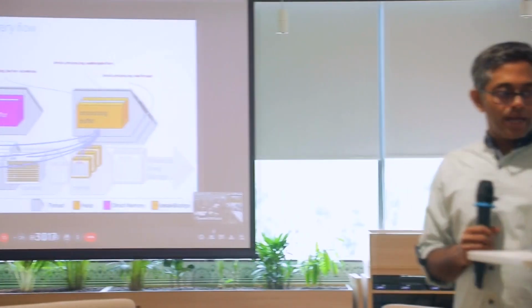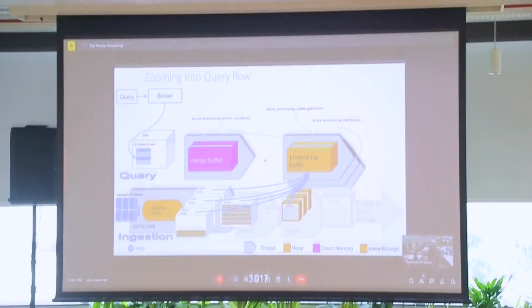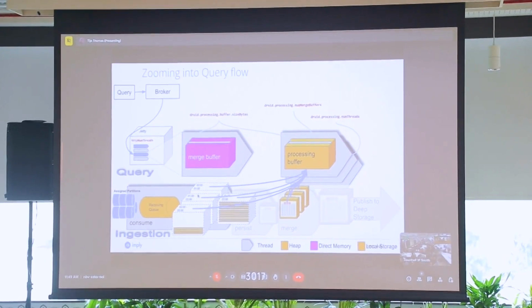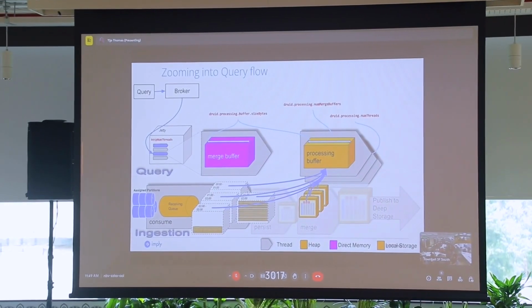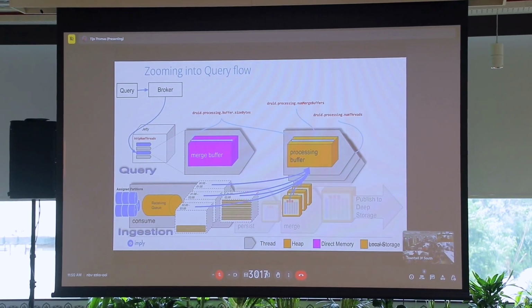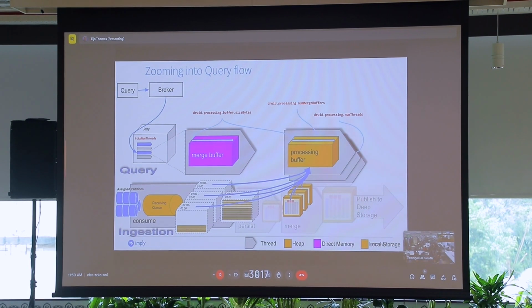So how does the query flow work? When you fire a query, the processing num threads read from all the segments: persisted segments, intermediate persisted segments, in-memory segments, and logical segments. They scan the data, produce the result, and push it into a processing buffer.